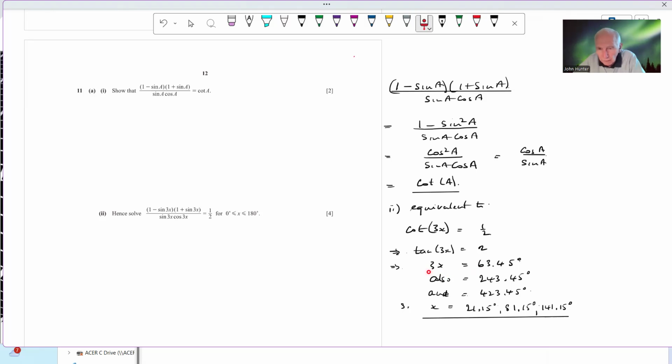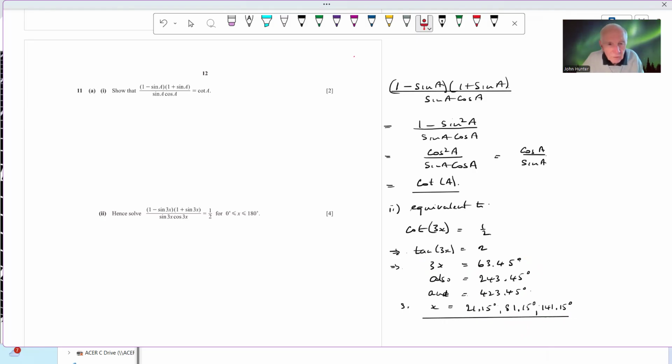So not only does this equation yield that, but also that and that. And when we divide these 3 by 3, we get that and that as our solutions.